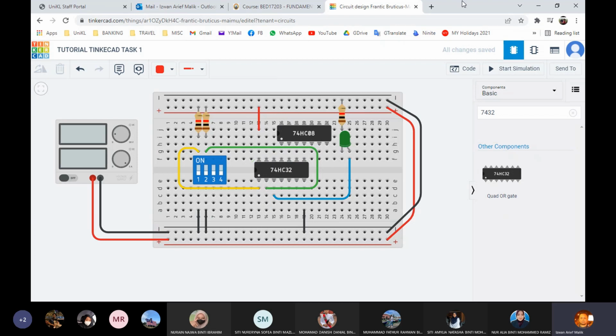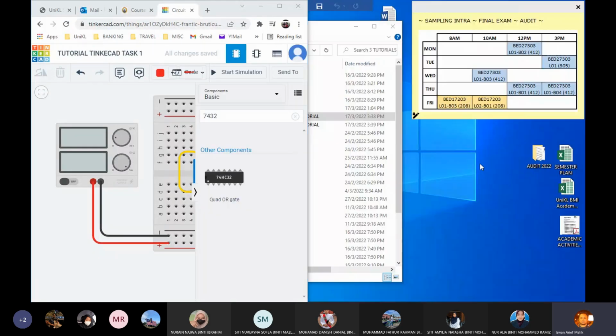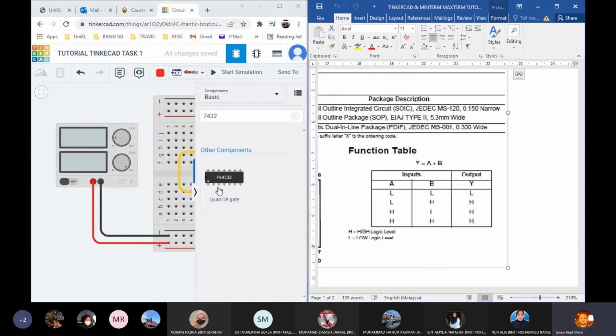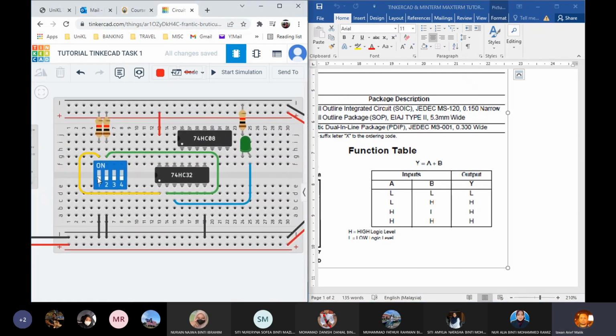Then kita boleh check lah. Compare juga dengan dia punya truth table. Okay, so saya jadikan dia kosong-kosong dulu, off dulu dua-dua.